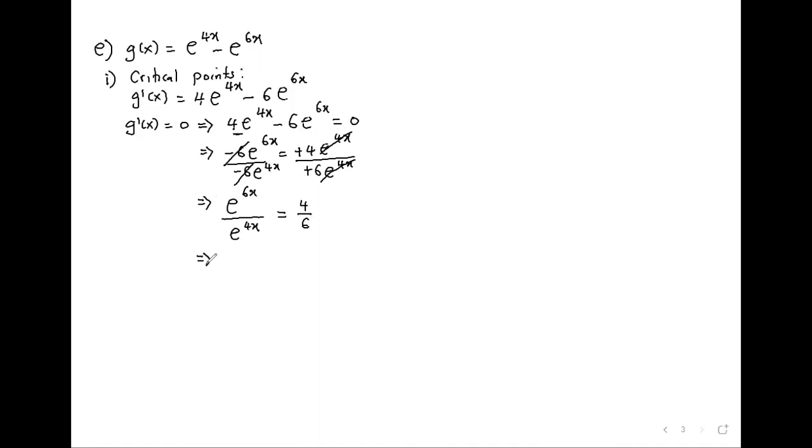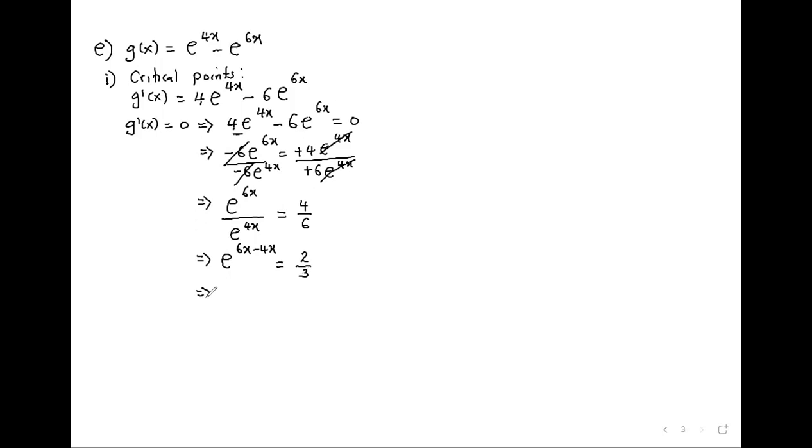Because of the same base e, we subtract the powers, 6x minus 4x, and the right side gives 2 over 3, because 2 can go into 4 twice and into 6 3 times.